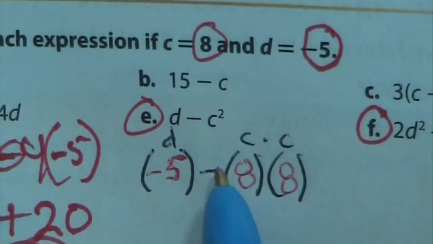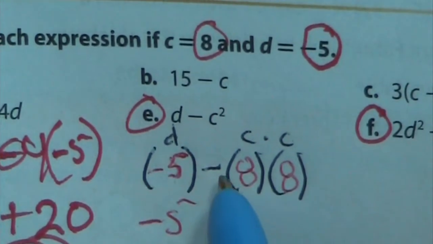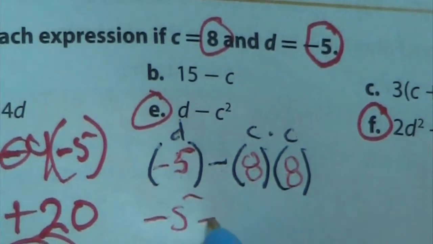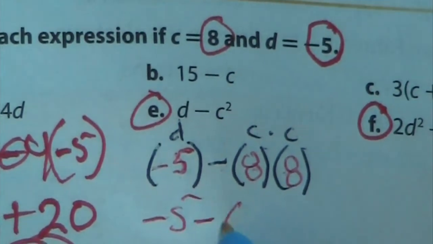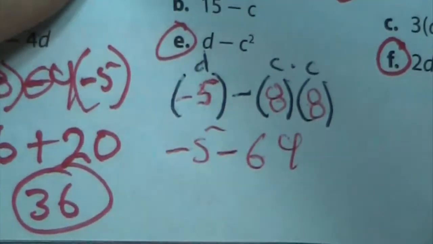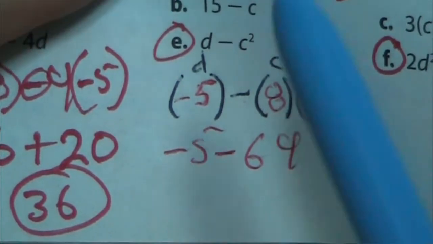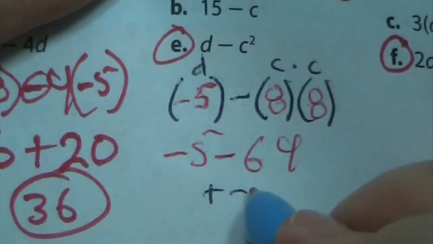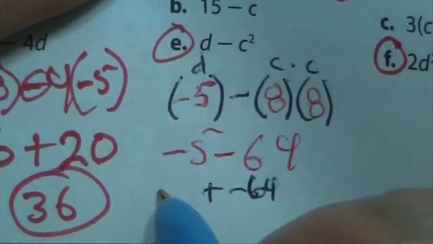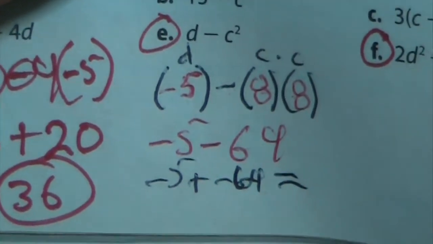All right, now you can think of this as -5, and then -8, you can think of it as -8 times 8, or you could say minus 8 times 8 is 64. Either way, minus 64 is the same as -64, right? It's like saying plus -64. That's a real hard concept to remember for many students.